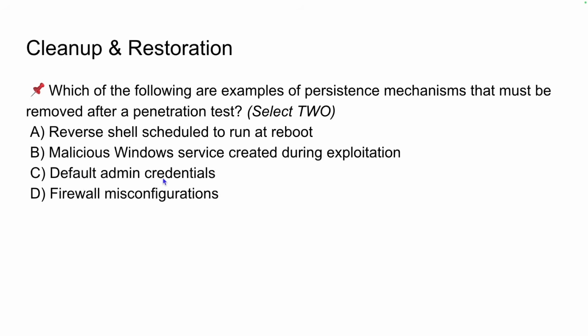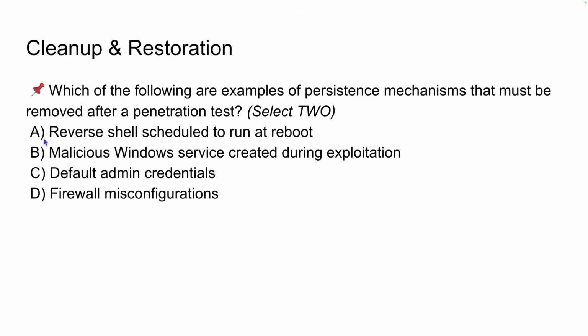That's another one. Default admin credentials. Default admin credentials can be used to get in, but I wouldn't say they're persistence mechanisms because it's not something that we made. And firewall misconfigurations, another one of those things that I would have to convince myself of.